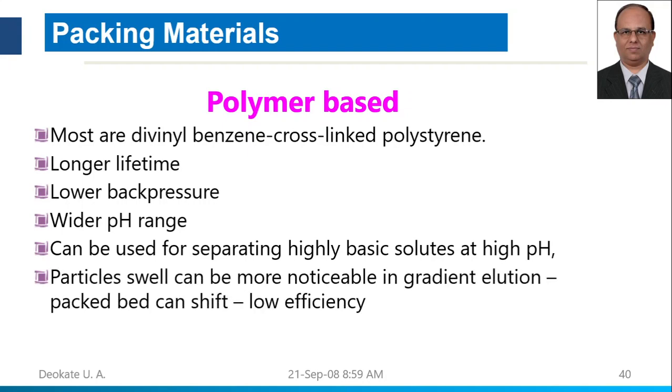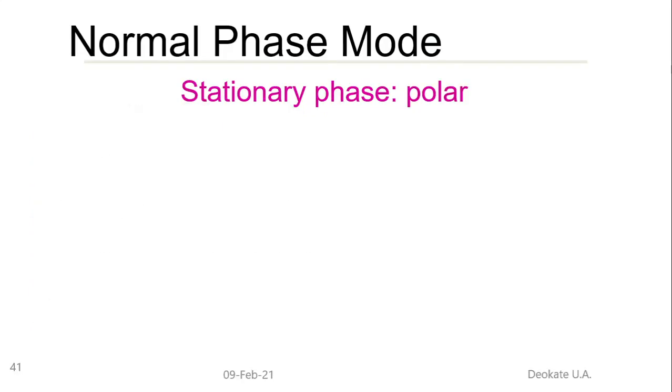Particle swelling can be more noticeable in gradient elution, packed bed can shift, and efficiency can be low. This is the problem with polymer based packing materials: swelling. Change in mobile phase composition may result in swelling. Also, they are not efficient at higher temperature.